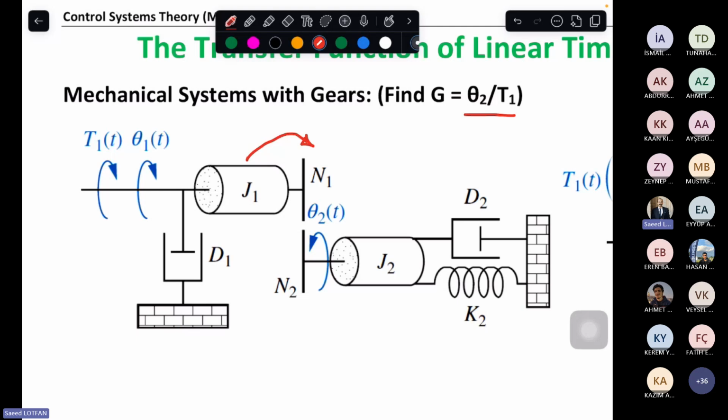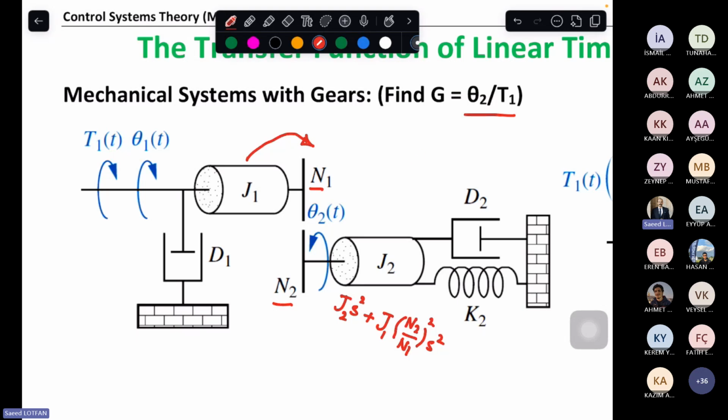So this impedance becomes J2 S2 plus J1 (N2 over N1) to the power of 2 S2. So this is the inertia reflected relative to N1.